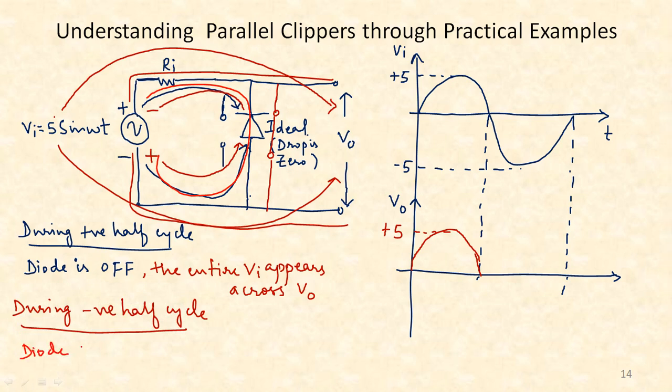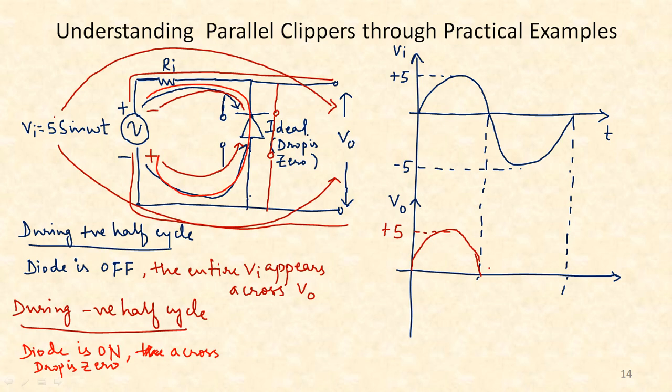The diode is on, so what should be the voltage across V0? Students, when the diode is on, the drop is 0 because it is an ideal diode.